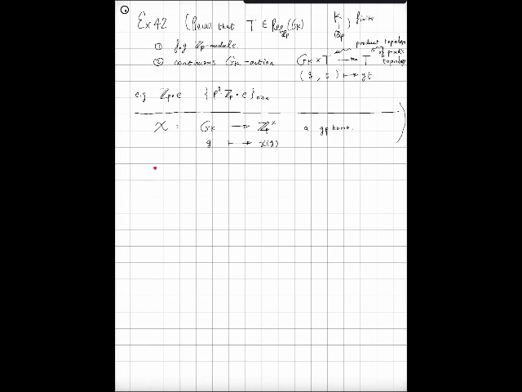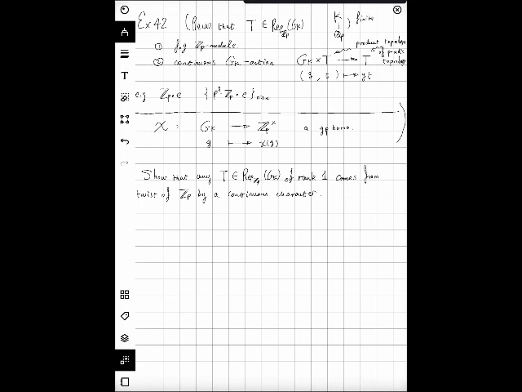So this Exercise 42 asks you to show that any integral p-adic representation of rank 1 comes from a twist of Zp by a continuous character.